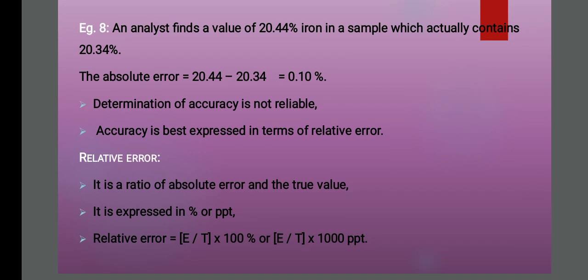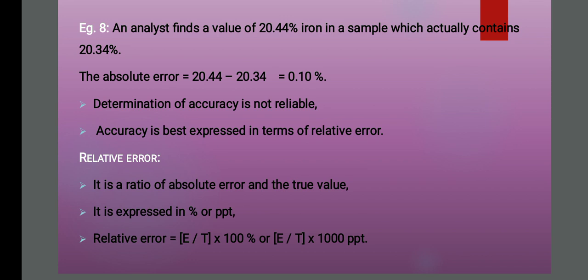So an analyst has analyzed a sample of iron and found 20.44% of iron in a sample, but it actually contains only 20.34%. So from the sentence itself we can understand what is the original value and what is the experimental value. The analyst has found the value is 20.44, so that is the experimental value, and the actual value is 20.34.